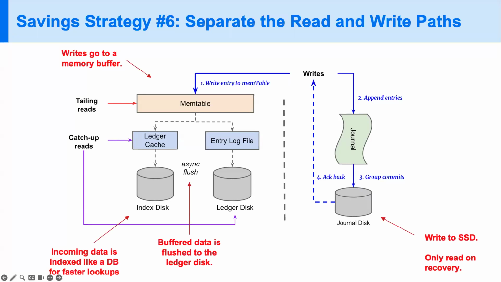Once that memory table becomes full and we've gathered enough bytes to be optimized for throughput, we flush that data to disk. So you have an IO path simply for writes, optimized for throughput, allowing you to use cheaper disk, while at the same time you have an SSD for low-latency write applications within the same architecture, allowing a more cost-effective local storage than a traditional Kafka deployment.